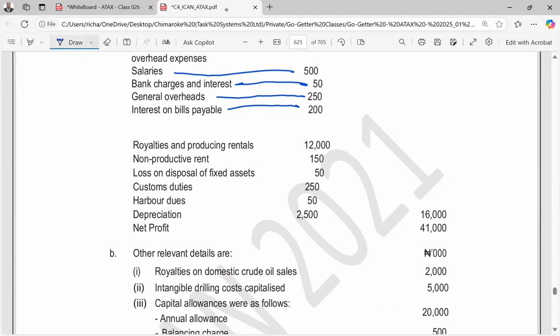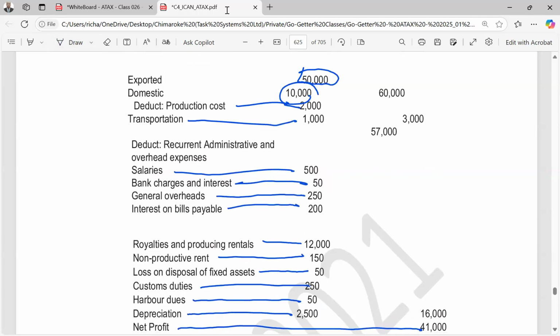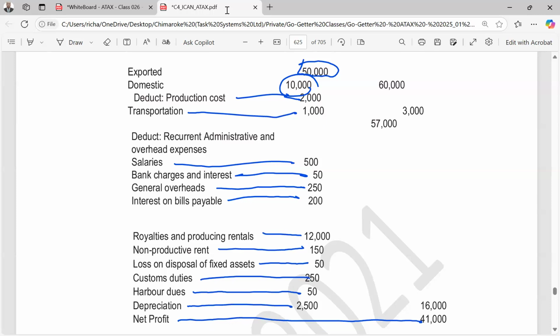Okay, so this is supposed to be net profits. This is supposed to be depreciation. This is supposed to be carbons, custom, fixed assets. This is this. This is here. We get the figure. Now we have this. So now, how did we get 41?